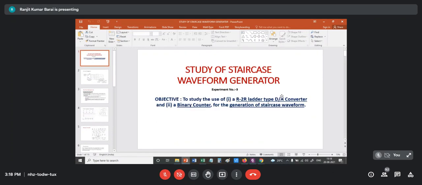This is a very interesting experiment from the perspective that in your third year, I think in the instrumentation paper, or in many other places like digital electronics, you studied A to D conversion. Most of the time you devoted to data exchange with the computer, engaging your mind to understand the functionalities or working of A to D converters.